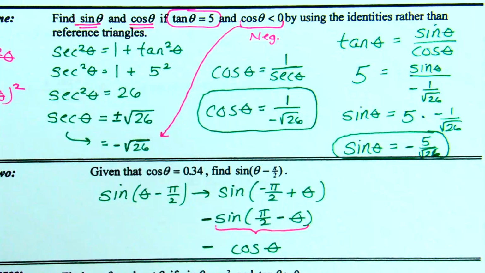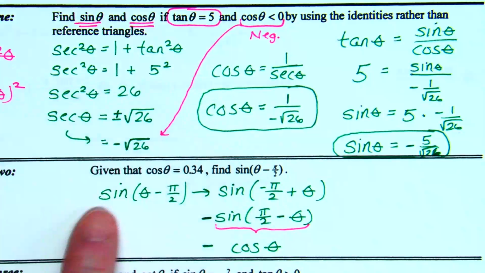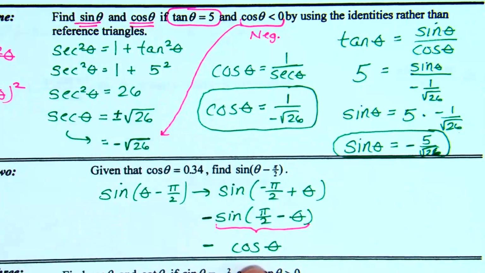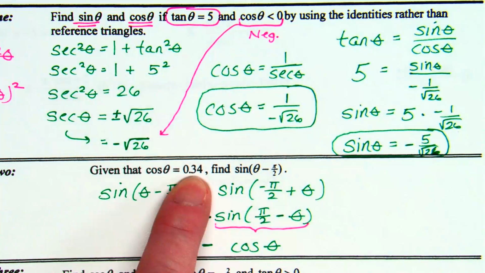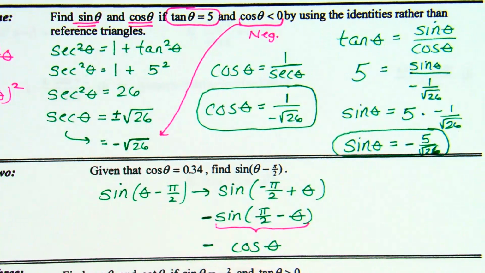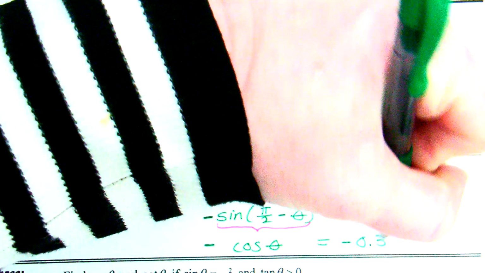So sine of theta minus pi over 2, which is what we're trying to find, is equal to the negative of cosine. What were we provided? We're provided that cosine is positive 34/100. So what's negative cosine? Negative 34/100.